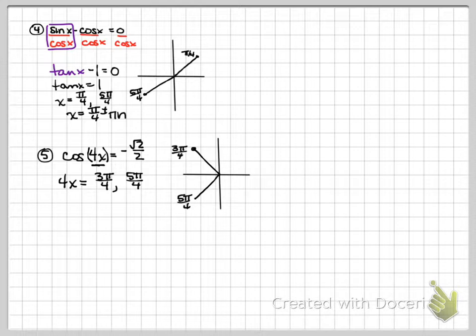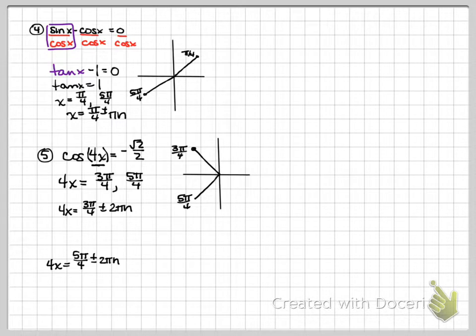So what I'm going to do is write my equations like I normally would. So our first equation is going to be 4x equals 3 pi over 4 plus or minus 2 pi n. And our second equation, I'm going to give myself a little room, is 5 pi over 4 plus or minus 2 pi n.